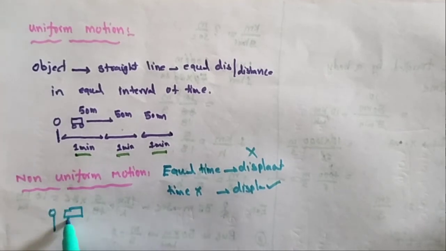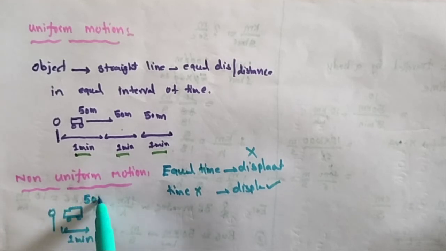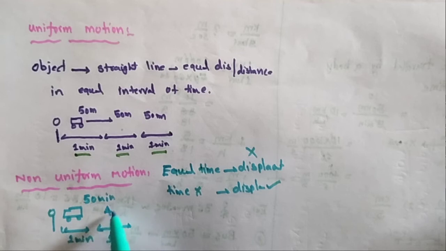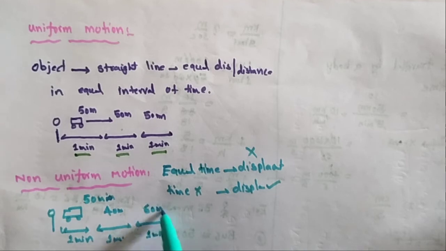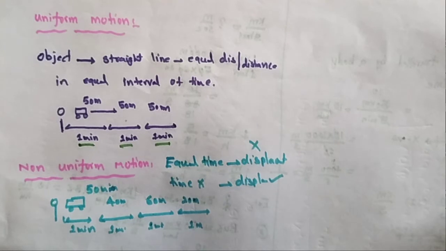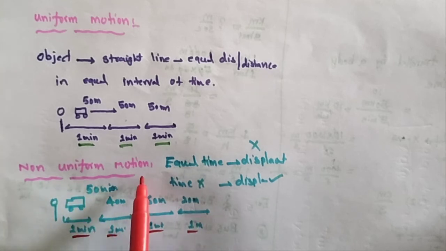The bus moves 50 meters in the first 1 minute, in the next 1 minute it moves 40 meters, in the next 1 minute it moves 60 meters, and in the next 1 minute it moves 20 meters. What is your observation here? The time intervals are equal, but the bus does not cover equal distances. This is called non-uniform motion.